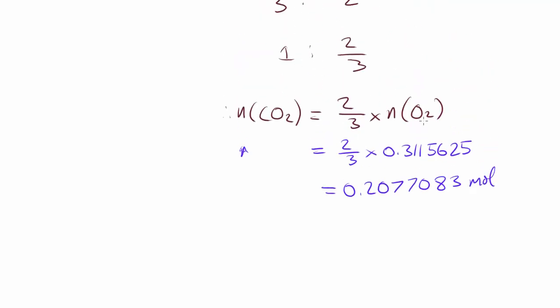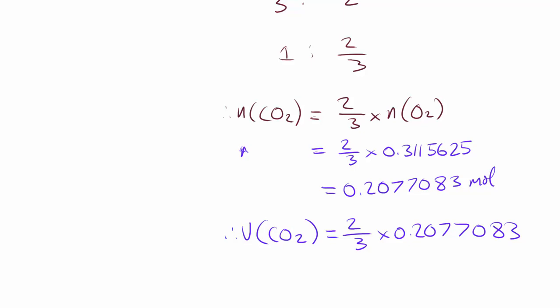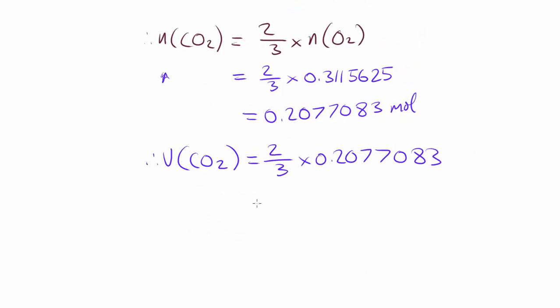So the volume of CO2 is going to be 24 multiplied by 0.2077083. That gives us 4.9849992, in decimeters cubed.